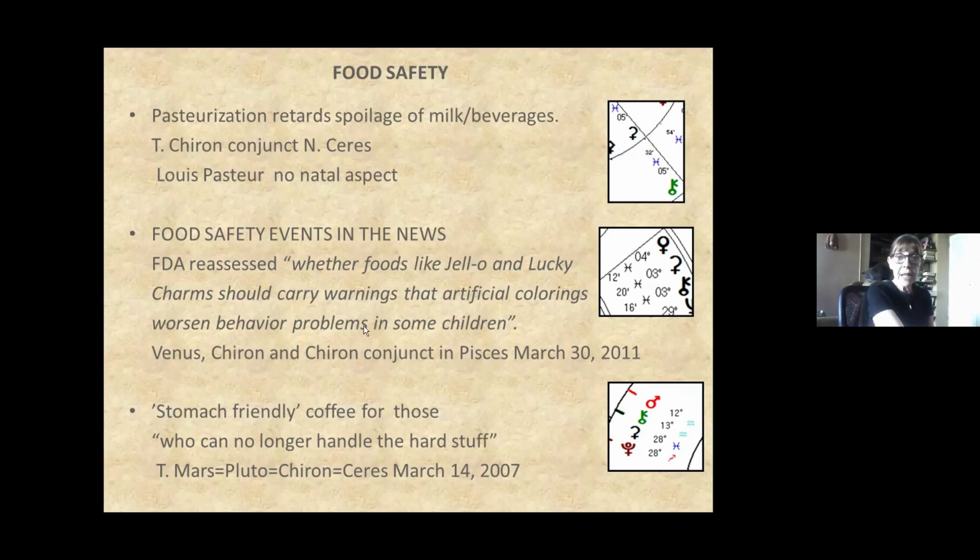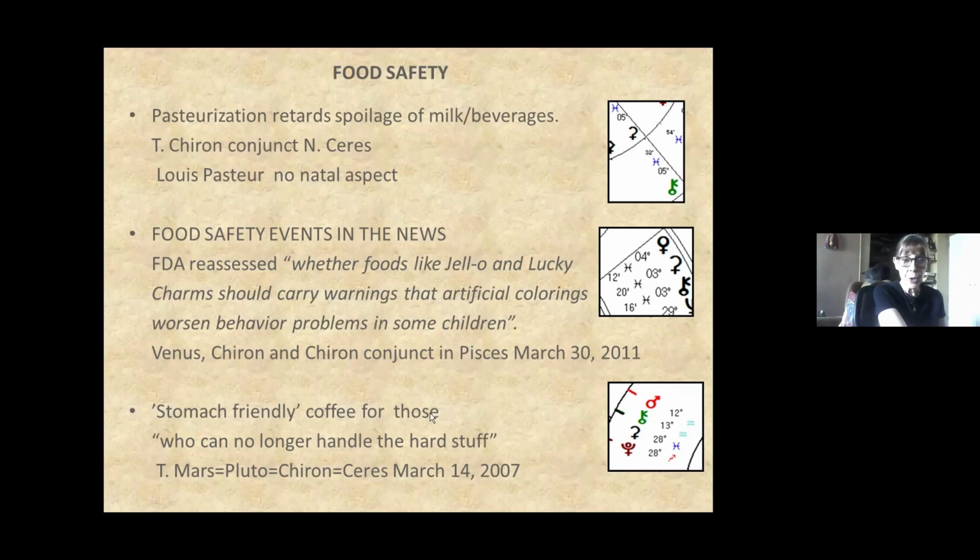When the FDA reassessed food safety and decided Jell-O and Lucky Charms should have warnings, this is a transit. There was a transit of Venus and Ceres, by the way, which is common with sweet food, and Chiron was a part of the whole thing. So we saw Venus, Ceres, and Chiron conjunct, and these kinds of foods were discussed, artificial coloring, and you get the idea, dangerous food.